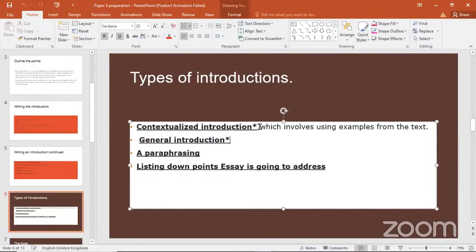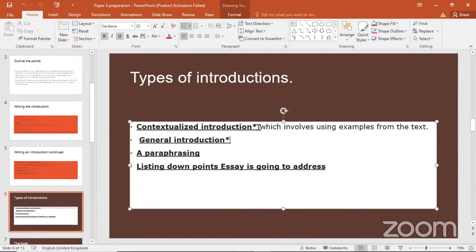The other advantage is that it keeps you grounded. It's going to keep you in the text. So it's easier to stay focused on the text because you're using the text and nothing else. The disadvantage of this is, again, just like the advantage: if you did not interpret the question correctly, and you probably have the wrong points, you will score 0 in the introduction.